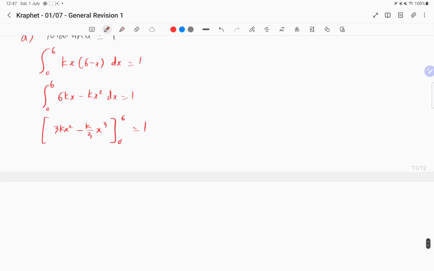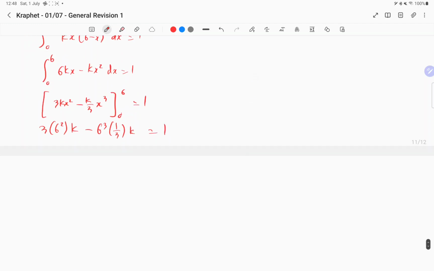Okay? Then we substitute the values in, sub 6 in. Now note that at this point, when I see x squared and x cubed, I don't really want to work it out straight away because I want to take out common factors if I can. So 3 times 6 squared times k minus 6 cubed times 1/3 times k equals 1.